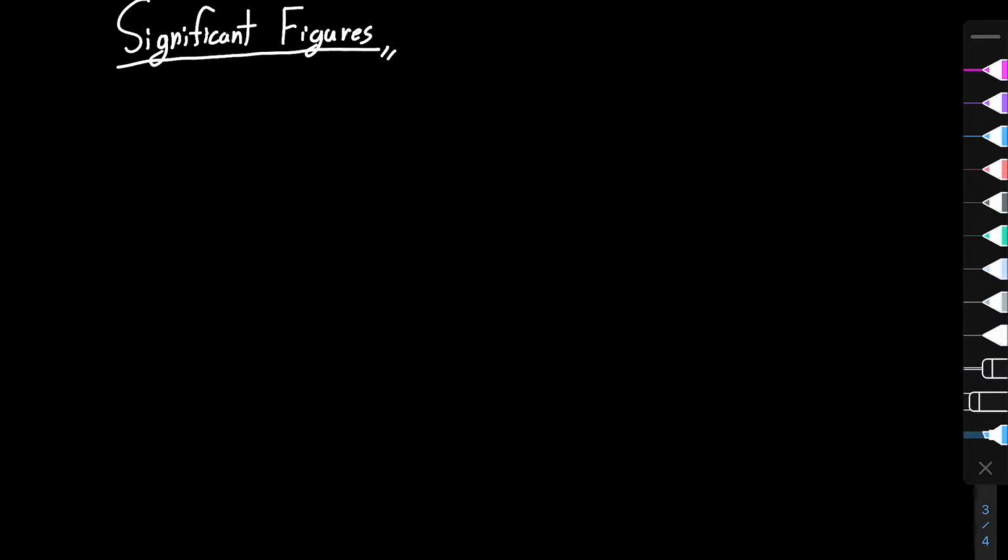We can categorize this into two main categories. First of all, non-zero integers. Non-zero integers are numbers that go from 1 to 9, so for example, 2, 5, 7, and etc.